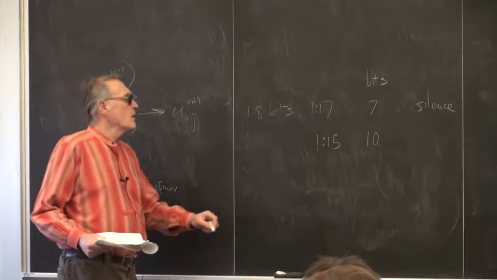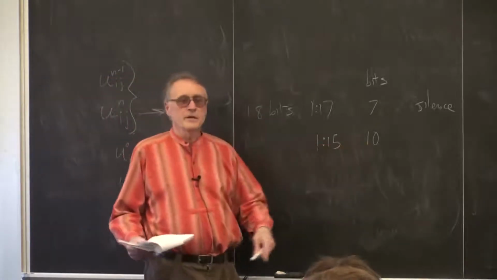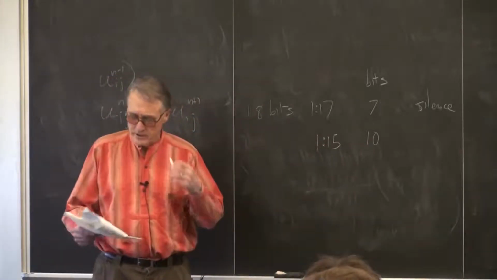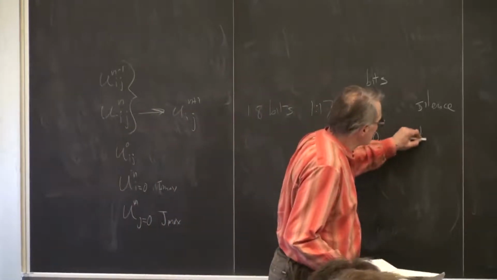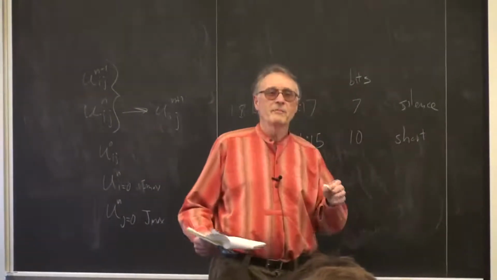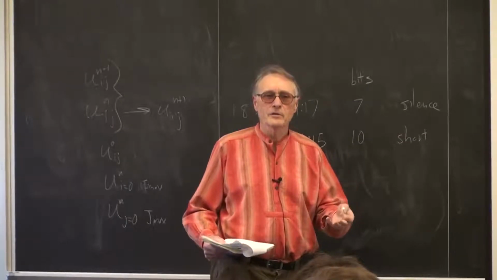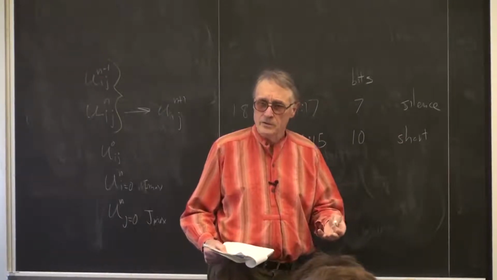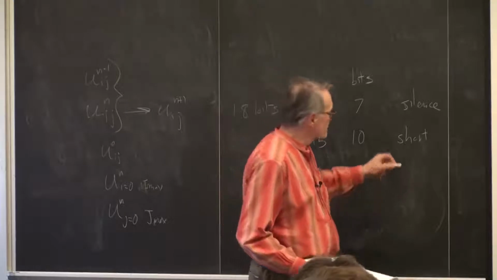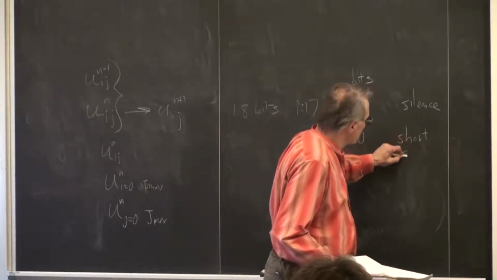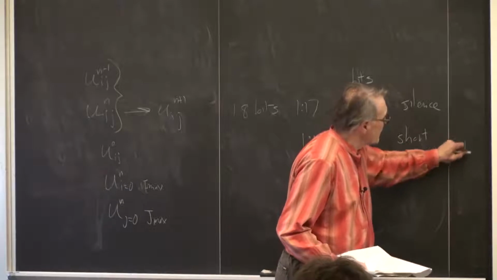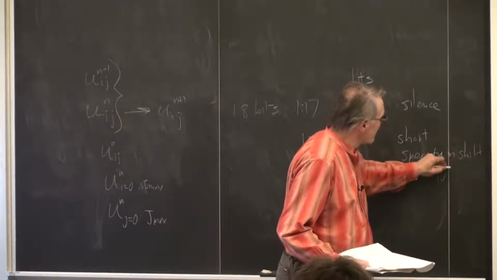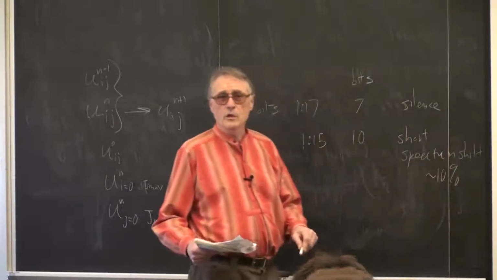And so 10 bits of accuracy here is about 3 decimal digits. Then you get a short duration. It's way too short. The numerical damping is too high, in other words. The duration is short, and there's a spectrum shift of something like 10%, so the errors are quite large.